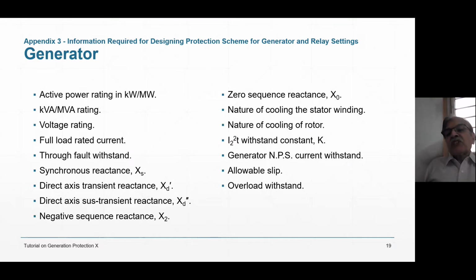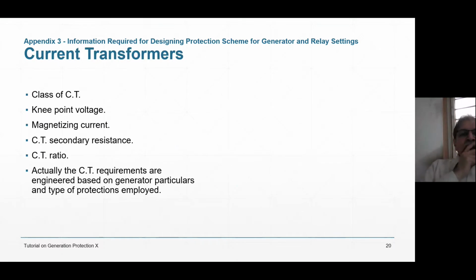Generator NPS withstand current: that is usually 5%, but you have to ask the generator manufacturer. Allowable slip, that also you have to ask the generator manufacturer, and the overload withstand, for which the manufacturer will give you a curve. So these many things you have to ask from the generator manufacturer to design the protective scheme.